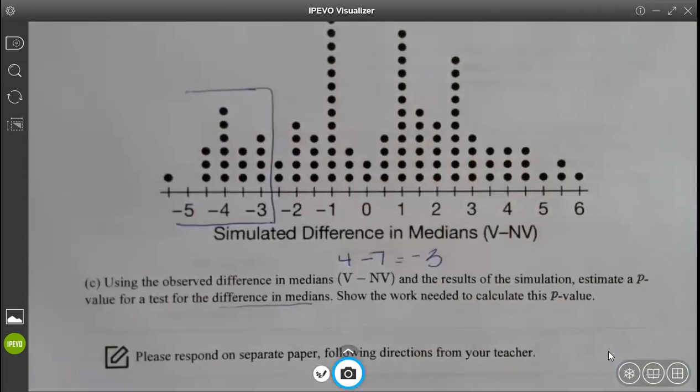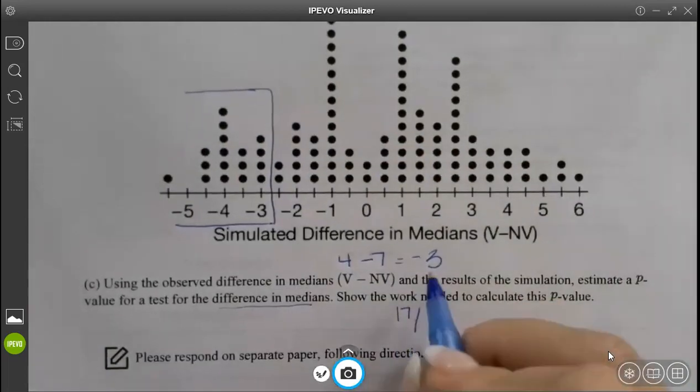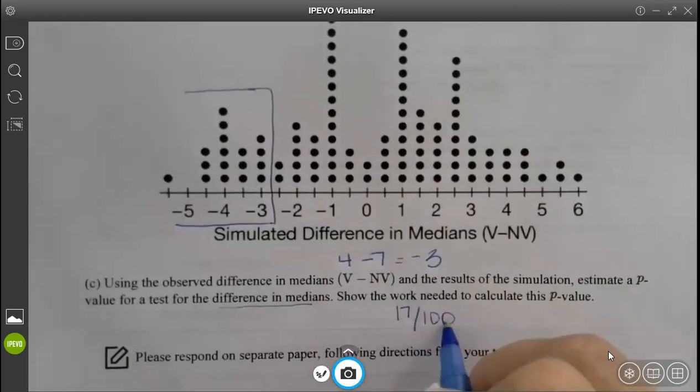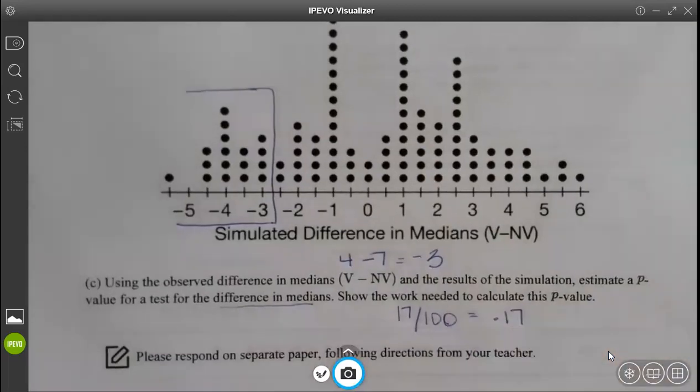Very good. All right, so how many dots do we have? Out of? 100? I told you that on the other page. It's okay. There's 17.